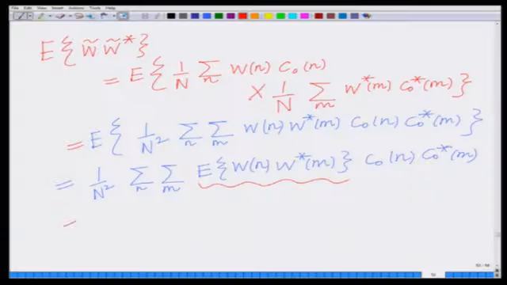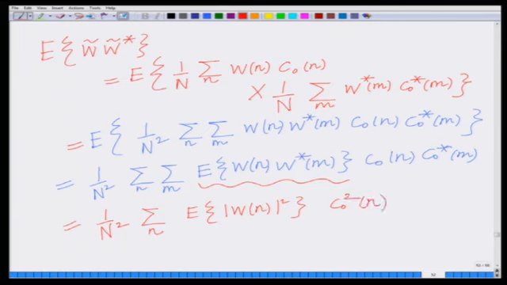Therefore, only those terms in this summation will survive where n is equal to m. Therefore, we can simplify this as 1 over N square summation over n expected value of w[n] into w[n] conjugate, which is expected value of magnitude of w[n] square times c_0[n] into c_0[n] conjugate, which is c_0 square of n, since c_0 is a real quantity. But we know that expected value of magnitude w[n] square is the variance of the noise sigma square. Expected c_0 square n is equal to 1, since c_0 is plus or minus 1.